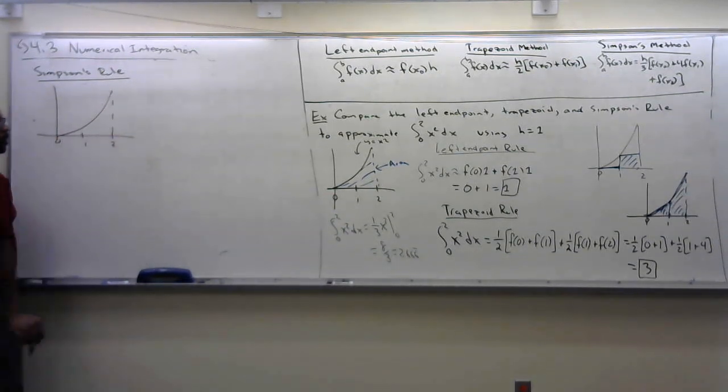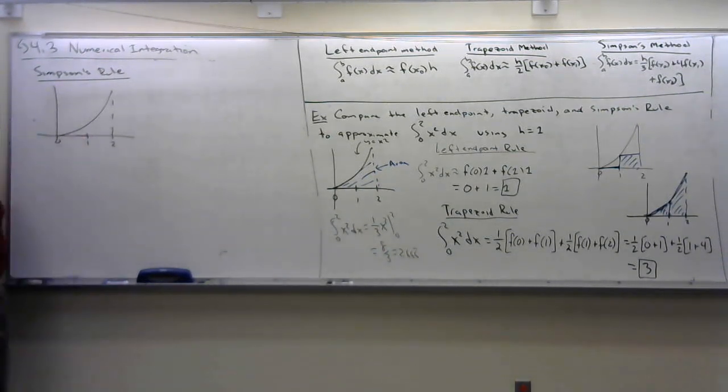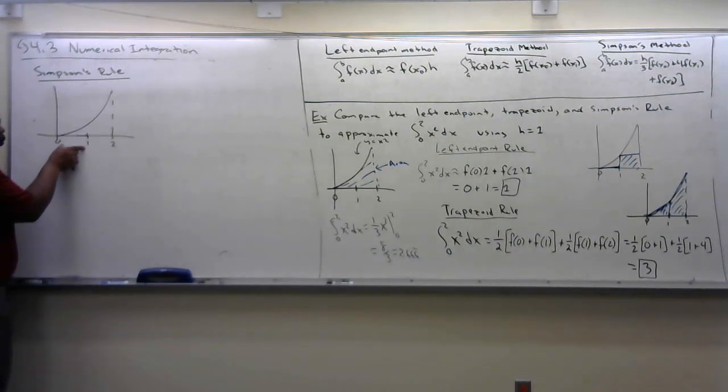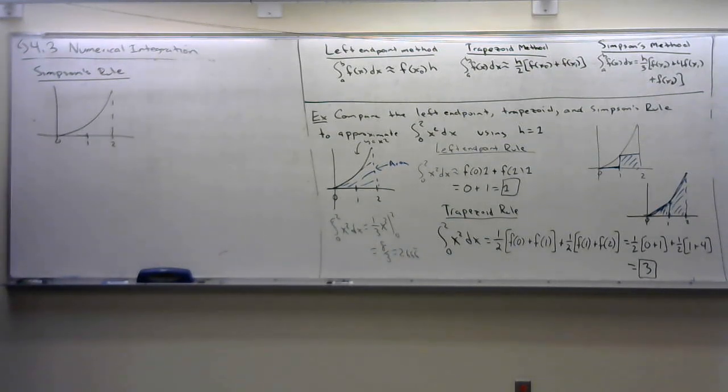Okay, just like this. Suppose like that. h is still going to be 1. However, I have my 3 points, 0, 1, and 2. I need 3 points for Simpson's rule, so I'm just going to use all 3 of those points.